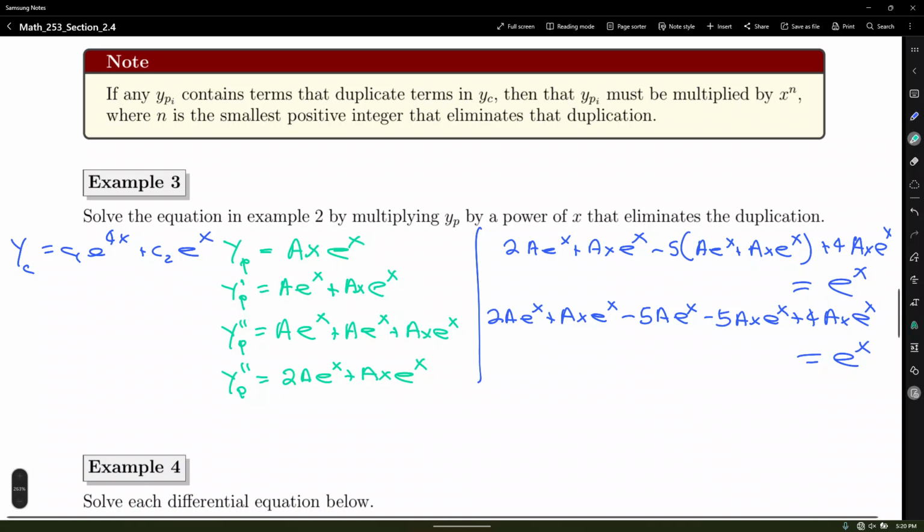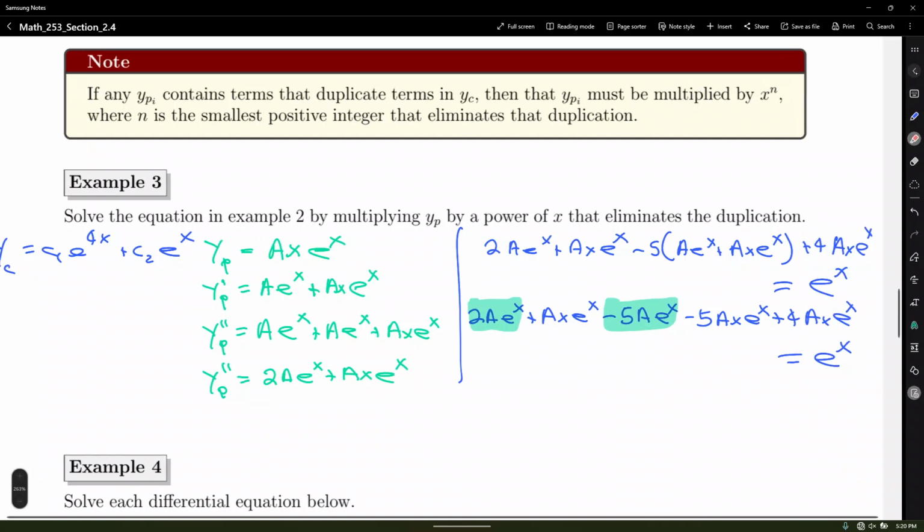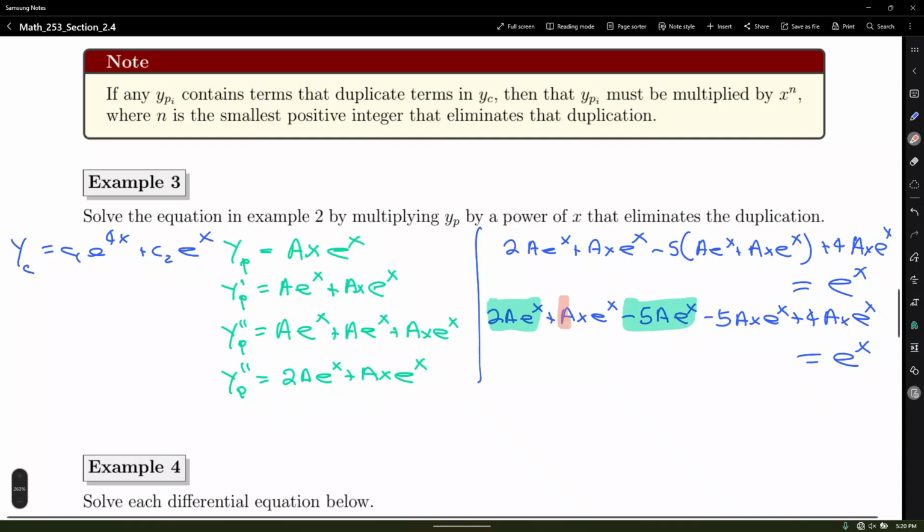I'm going to use different colors to highlight like terms, like these two right here. They are like terms: constant times exponential. And what else do we have? Variable times exponential. Combining like terms, check this out.